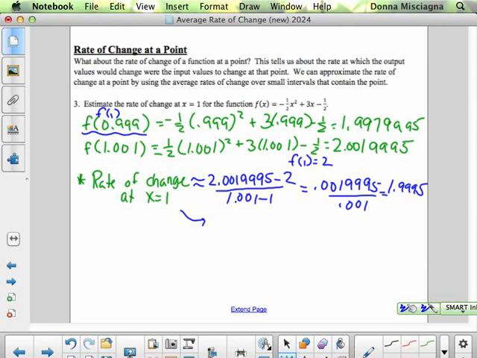If I did the same thing and I did 2 minus 1.99799995 divided by, and that was 1 minus 0.099. That would be, I can't subtract in my head with decimals. Let me see.